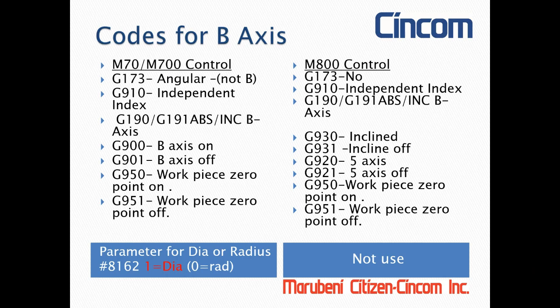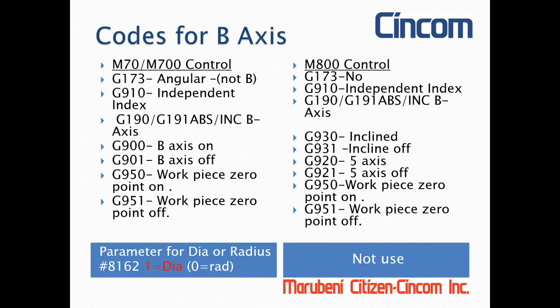Then we have G190, G191, which will work on both controls. G900, B-axis on, is just for M70, M700. It will not work on M800. G901 will be B-axis off.